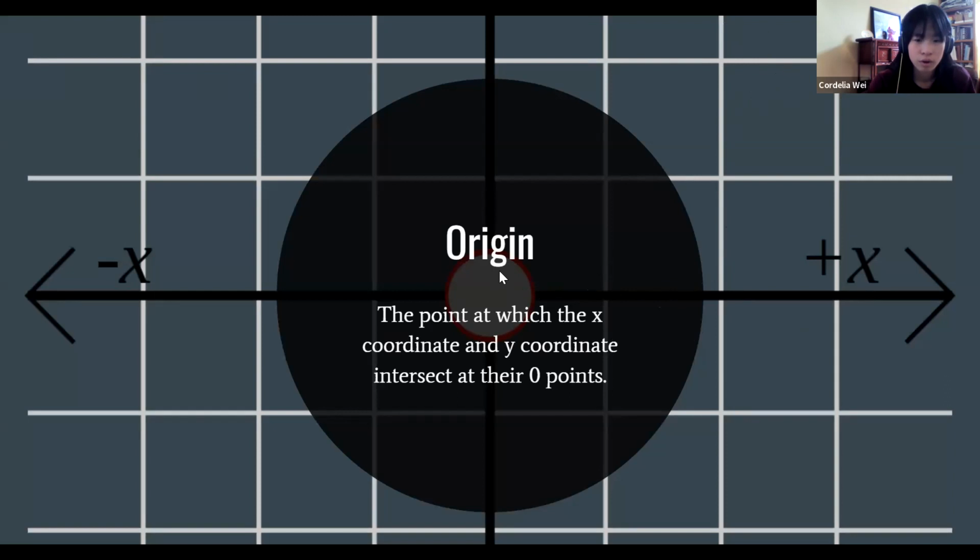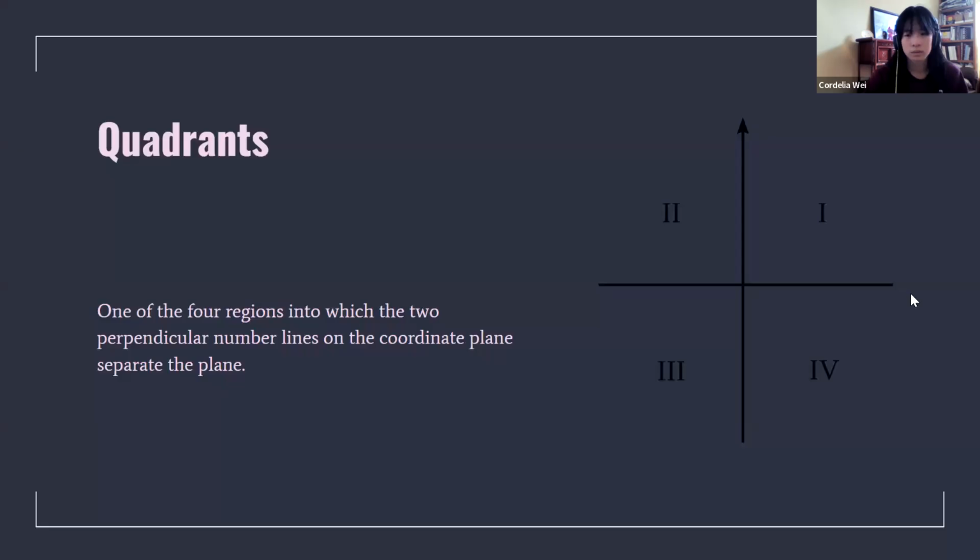The origin is the point at which the x coordinate and the y coordinate intersect at their 0 points. Specifically, that's just where the two bolded lines intersect. That would be the origin, since it means 0. And now, since we're on the topic of origins and coordinates, we're going to learn about quadrants. A quadrant is one of the 4 regions into which the 2 perpendicular number lines on a coordinate plane separate the plane.